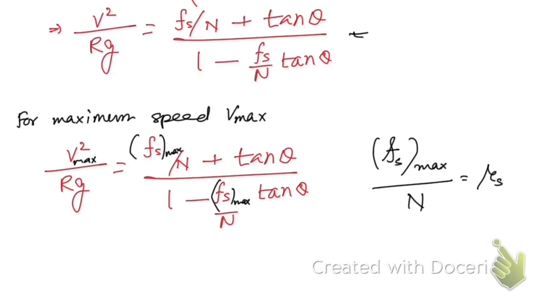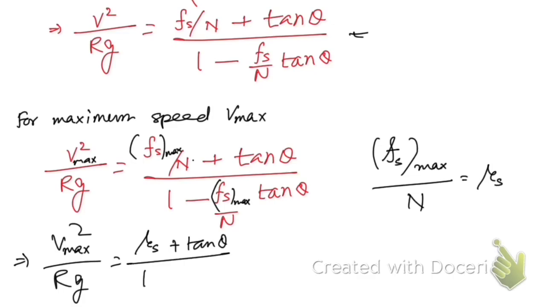So here we can write, therefore this can be written as V max square by Rg is equal to mu s plus tan theta by 1 minus mu s tan theta, right? Since this is equal to this.